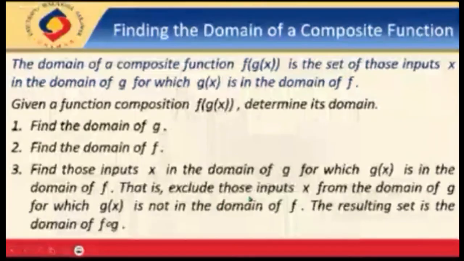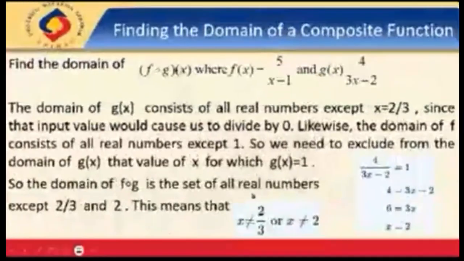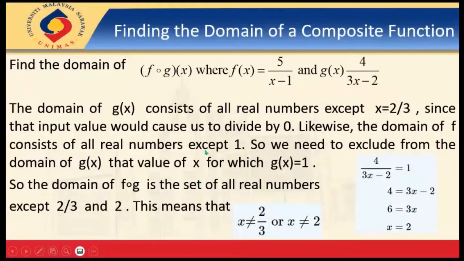Now if we apply this concept on this composite function, f of g of x, where f of x is 5 over x minus 1 and g of x is equal to 4 over 3x minus 2.